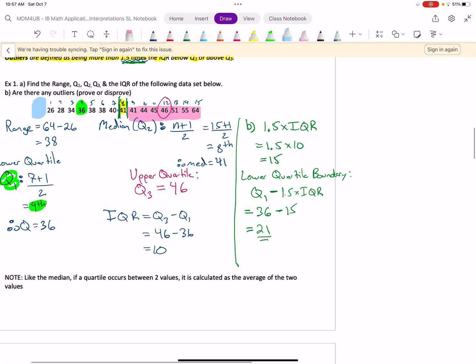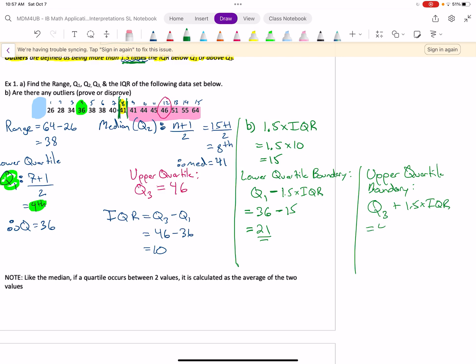Kind of running out of space, but let's just do the same thing, only add the 15 to Q3. So I've got the upper quartile boundary. I take Q3 plus 1.5 times IQR.